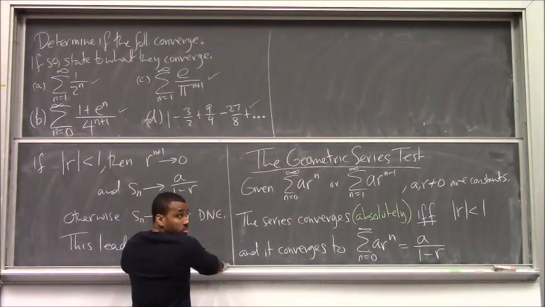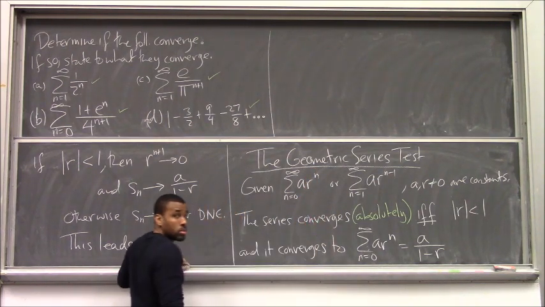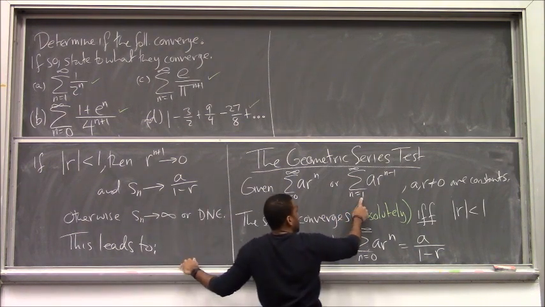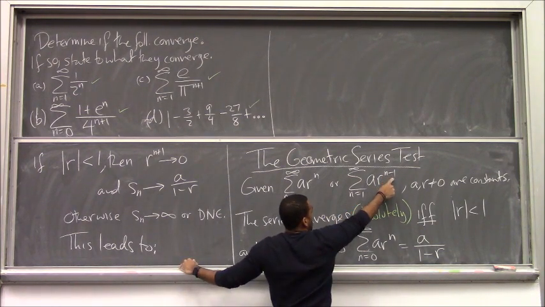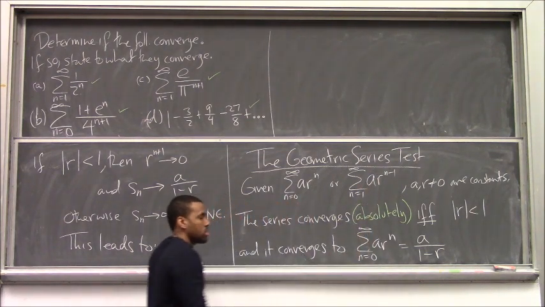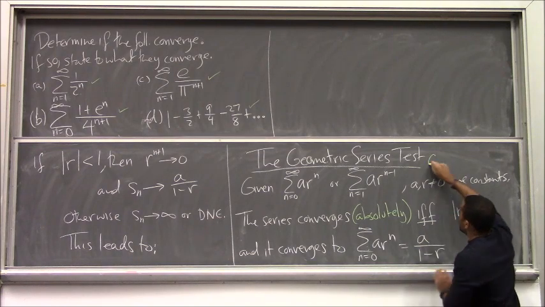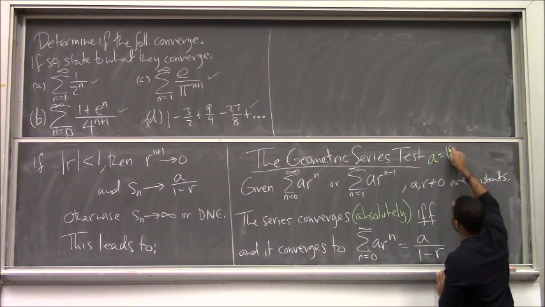Yes? A is the starting term, right? A is going to be the first term, yeah. If you plug in n equals 0, it just starts at A. Then you plug in n equals 1, then 2. Similar thing here, if you plug in n equals 1, you get r to the 1 minus 1, so you get r to the 0, so it starts at A. So A equals first term.